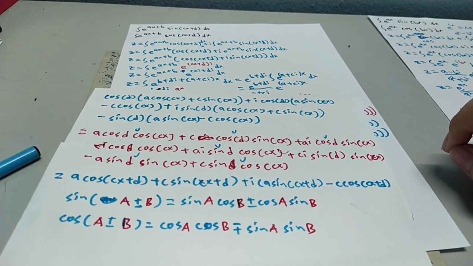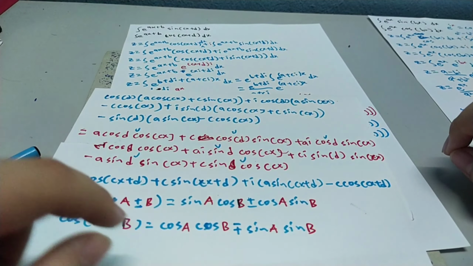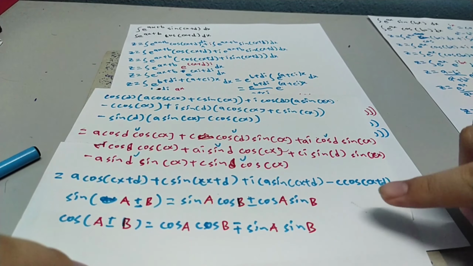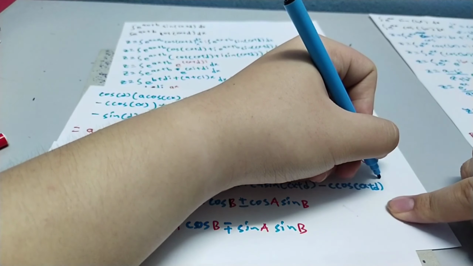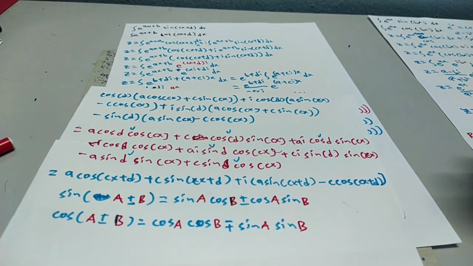Then we get cosine of d times cosine of cx minus sine of d times sine of cx, and that we can simplify to become cosine of cx plus d. And if you still don't understand, you can just try to expand this whole thing, simplify, and see for yourself.